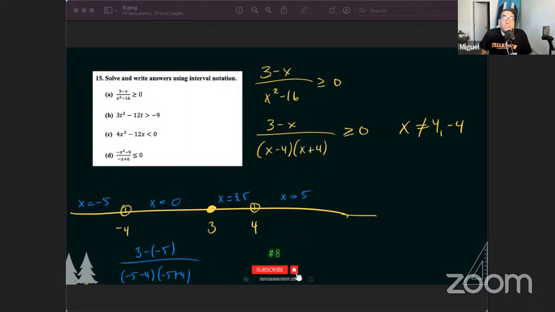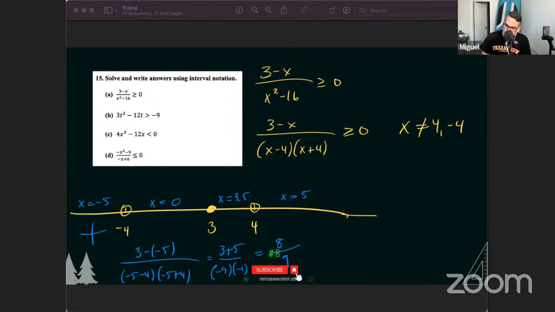And we're trying to see if it's just greater than 0, meaning positive or negative. On the top it's 3 plus 5, over -9 times -1. If that simplifies, it's 8 on the top, and then positive 9 on the bottom. 8 over 9. We don't really care about the value. We just know that it's going to be positive, so we know that that's going to be greater than 0.